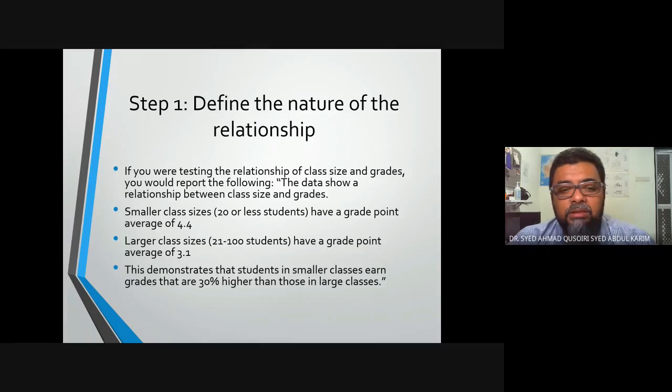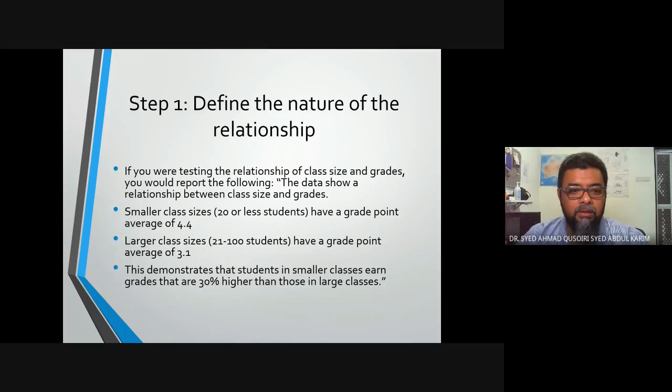Okay, so in step one, if you're testing the relationship of class size and grade, you want to report the following. The data show a relationship between class size and grades. So here we have two variables. One is the class size, and number two is the grades of the students in those classes.